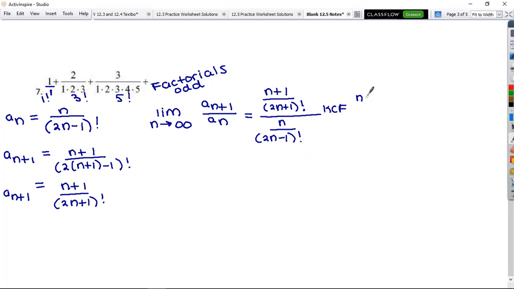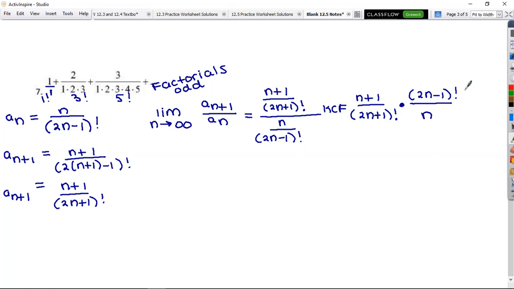So I have n plus 1 divided by 2n plus 1 factorial, times, flip it, n goes to the bottom, and 2n minus 1 factorial goes to the top. Again, what you want to do is pull your factorial that's larger and start breaking it down, and you're done if you can get something to cancel.